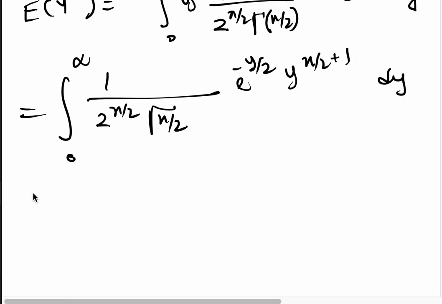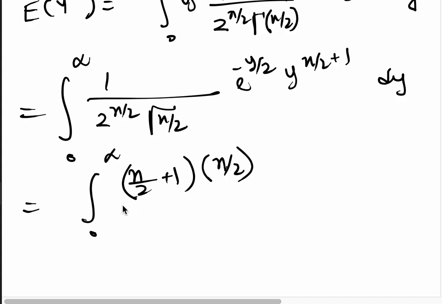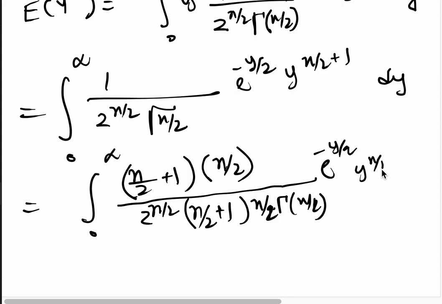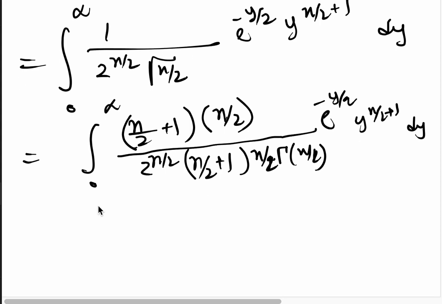Now we have to multiply both sides by n by 2 plus 1 and n by 2, so that we get a gamma density with y to the power n by 2 plus 1, dy.